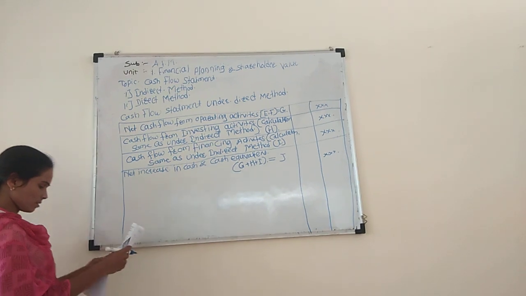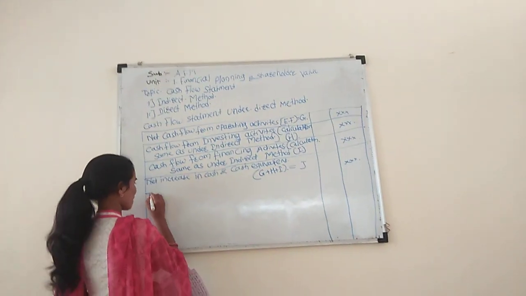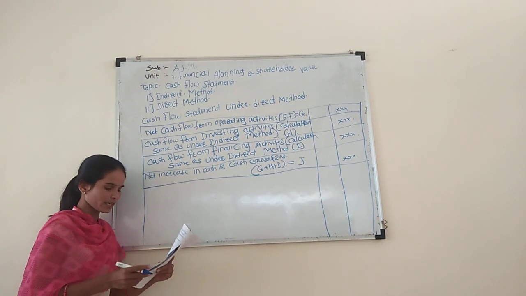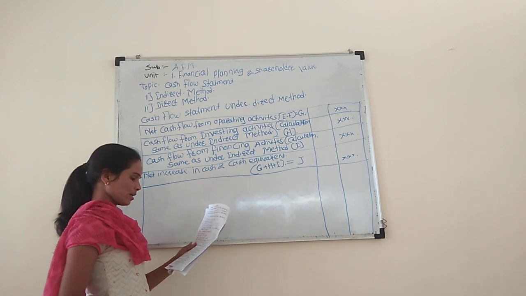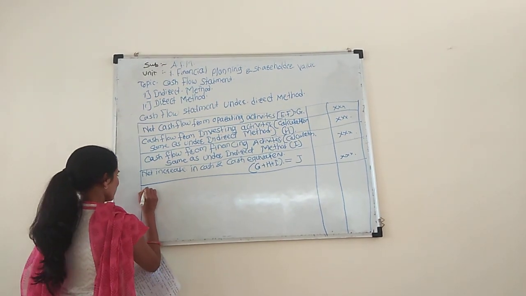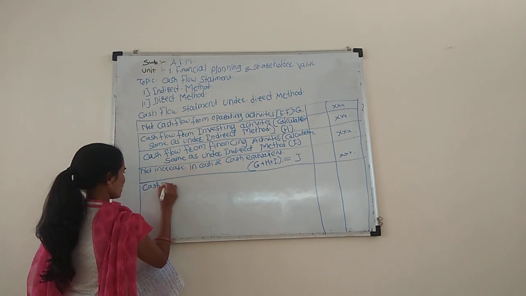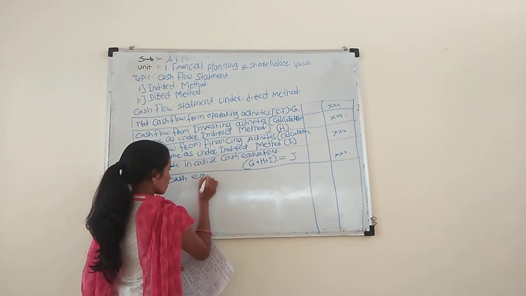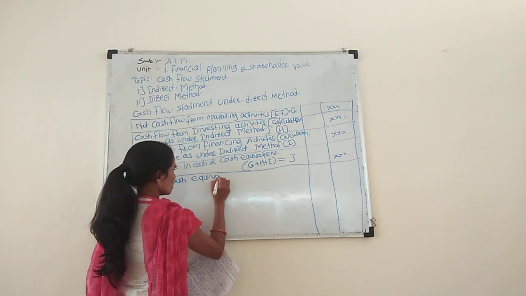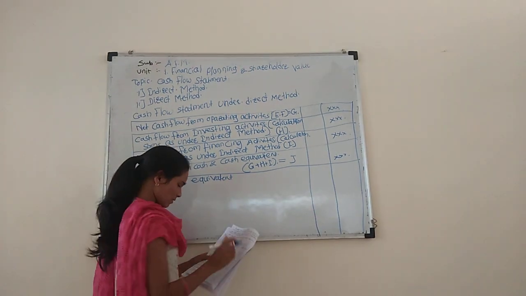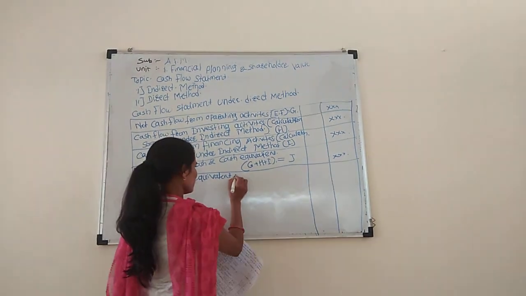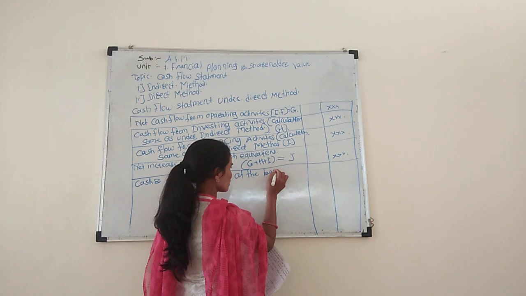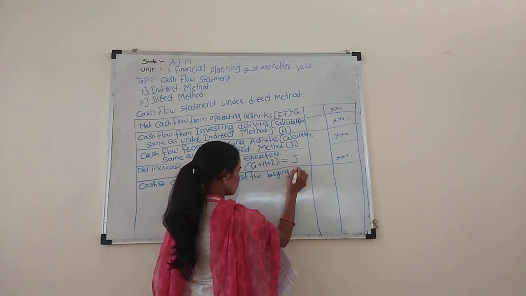And the next one is cash and cash equivalent at the beginning of the period.